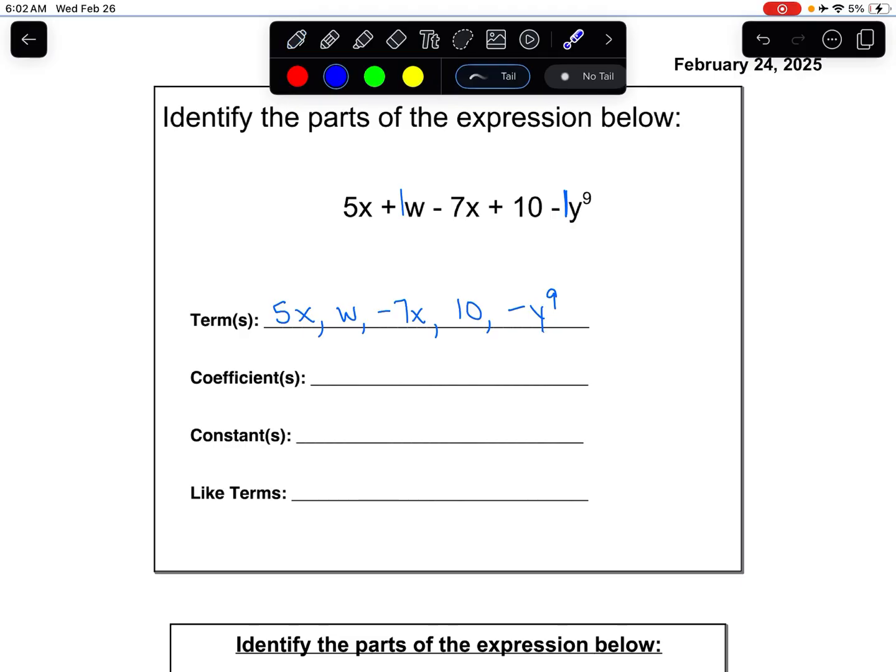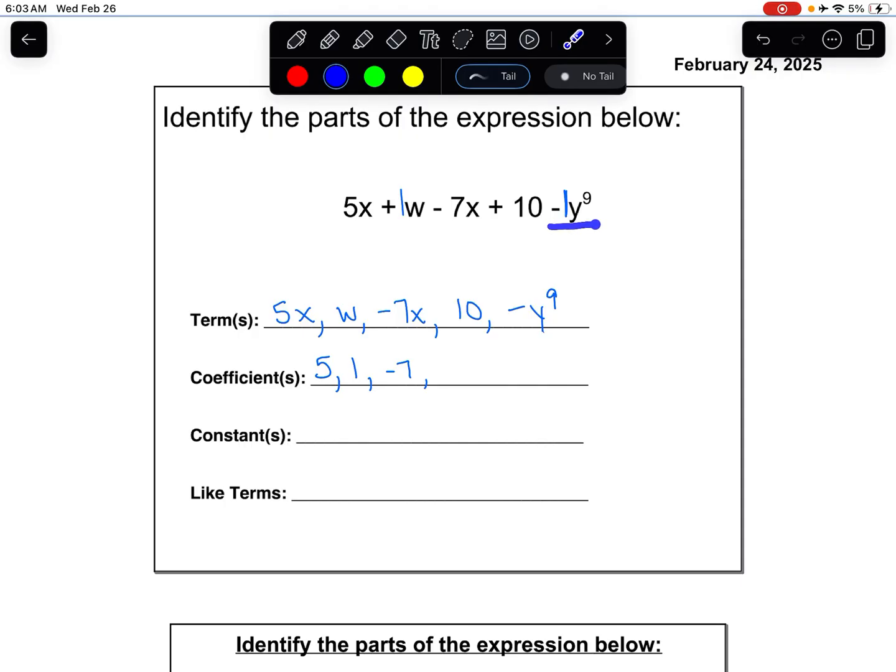For our first one of 5x, our coefficient is 5. For our next one of 1w, our coefficient is 1. For this one here, this is a -7, so for that coefficient, we have a -7. 10 is not a coefficient because it doesn't have a variable, so we'll talk about that one later.